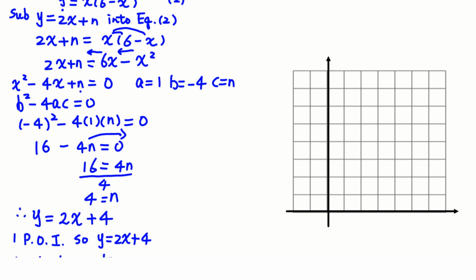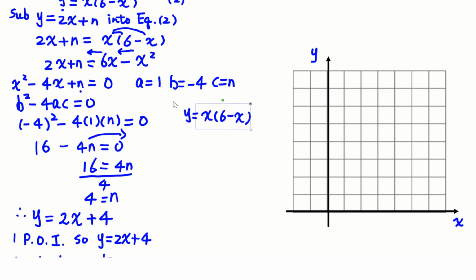So this is x, this is y. And for 2x plus 4, this is the y-intercept. It's on the y-axis. The reason how we can graph it is we have y equals x times 6 minus x.